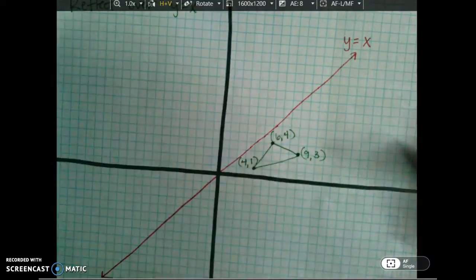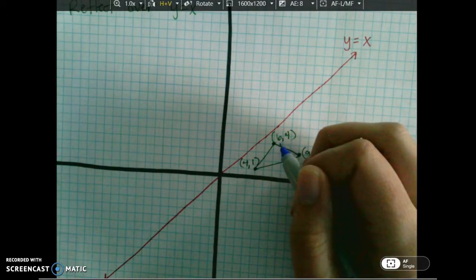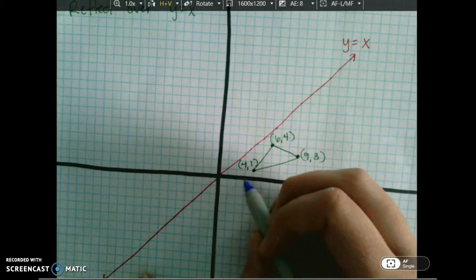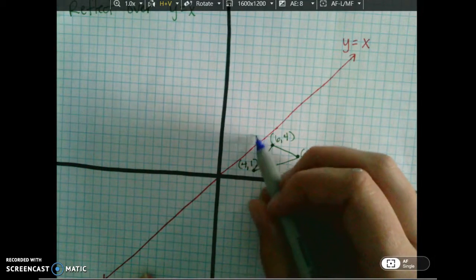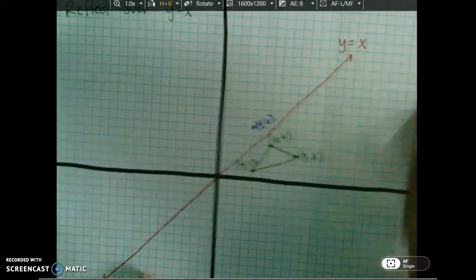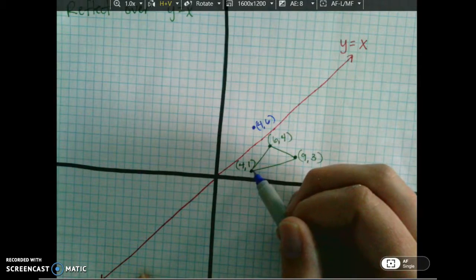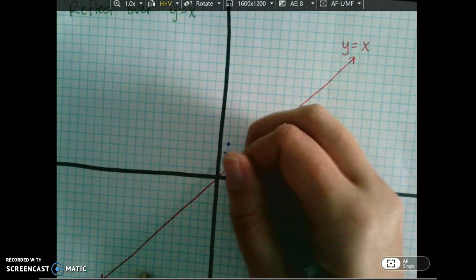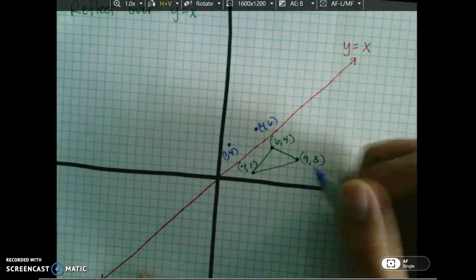So I look at this, I'm currently at 6, 4. If they change places, I'll be at 4, 6. Here, I'm at 4, 1. When they change places, I'll be at 1, 4. And this one, I'm at 9, 3.